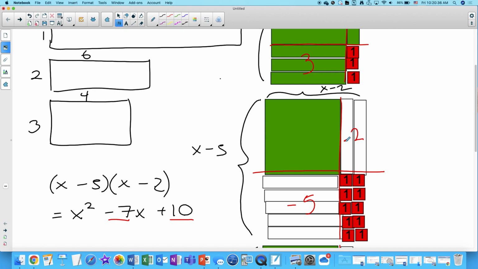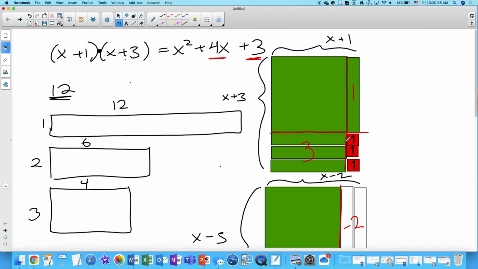How do we get -7 and +10 through those two numbers? Yeah? Well, you can add the like terms, but then also for the constants you can multiply them. Yeah, so it seems like these two numbers add to -7 and multiply to 10. In the first one I gave you, 3 and 1, 3x and 1x add to 4x and multiply to 3.